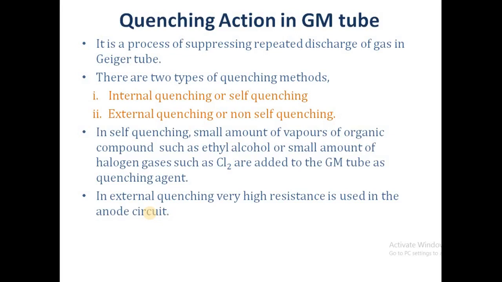This is because argon has a higher ionization potential, 15.7 electron volt, compared to the ionization potential of ethyl alcohol, 11.3 electron volt. Thus, the positive ions which ultimately reach the cathode are mostly the alcohol ions.